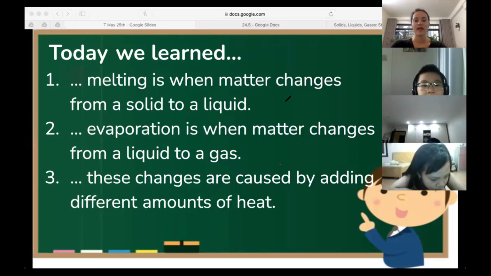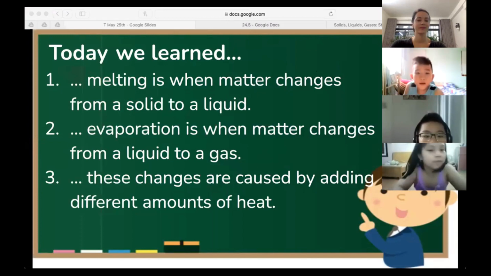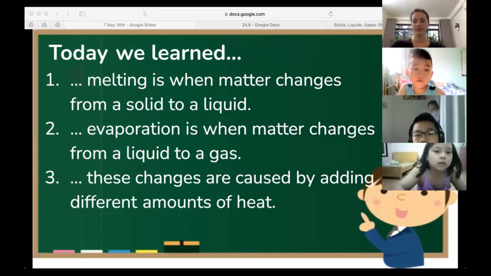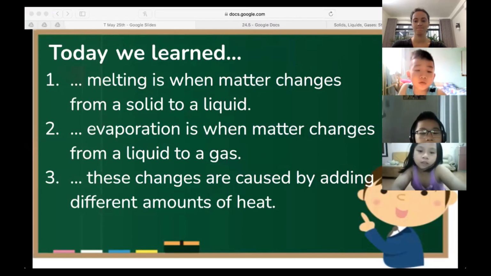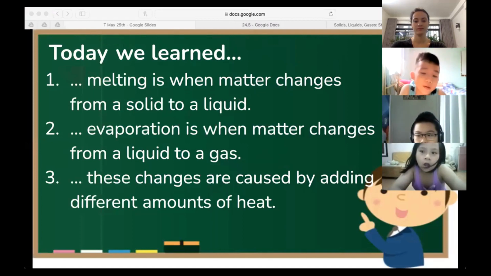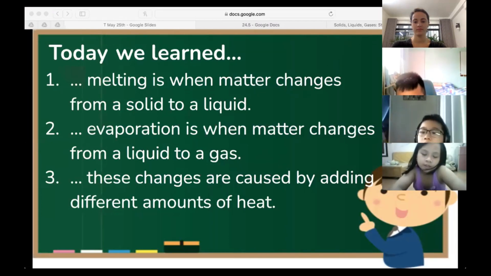Today we learned melting is when matter changes into a liquid. We learned evaporation is when matter changes into a gas. These things are caused by adding different amounts of heat. Matter changes from a liquid to a gas. Okay.